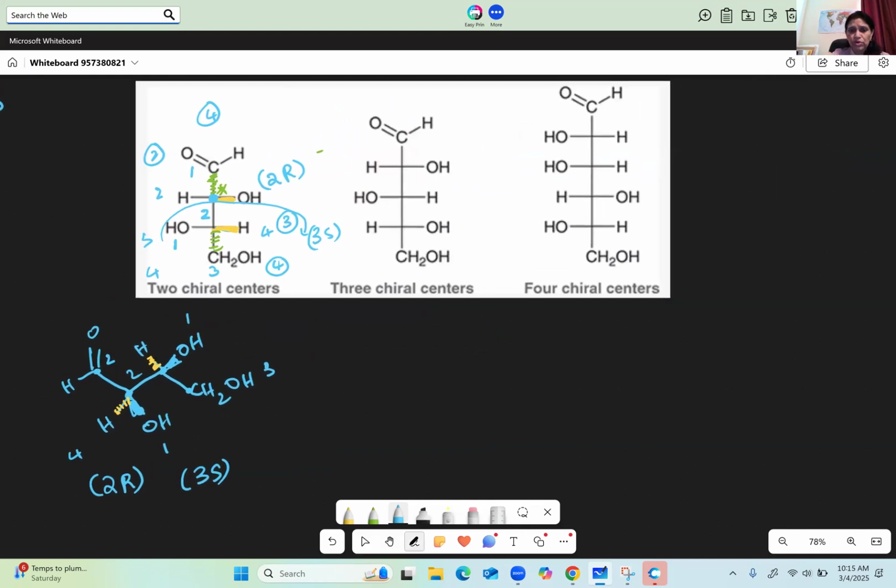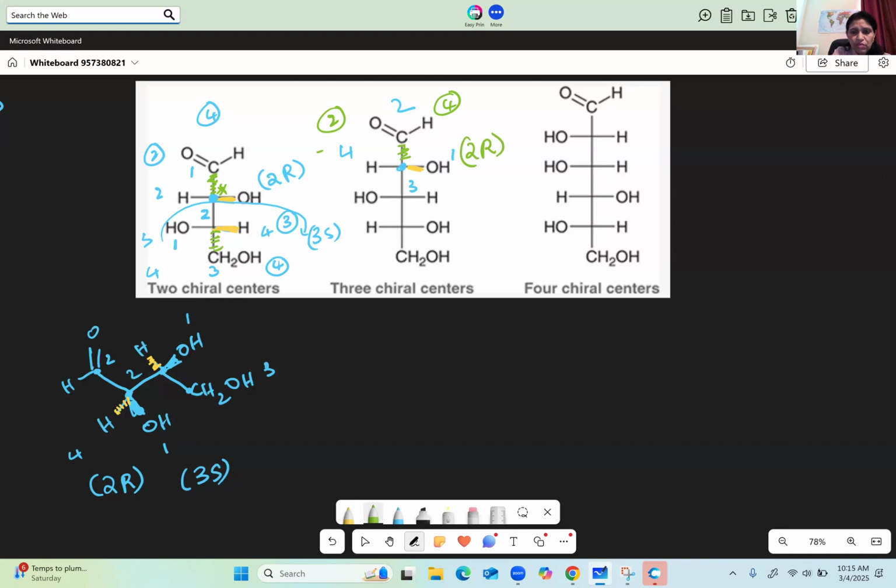So let's do one more example here. So this one is 1, 2, 3, 4. I'm going to make this a wedge and I'm going to make this a dash. I'm going to flip my numbers 2 and 4. So this is my 1, 2, 3. It is going in this direction, which is an R after the flip. So R originally.